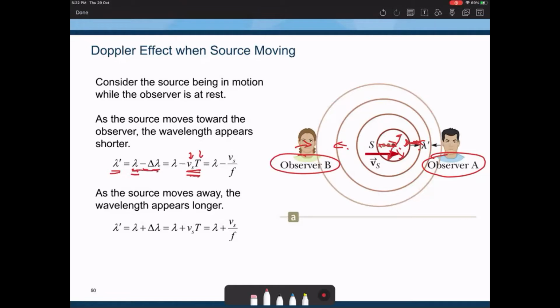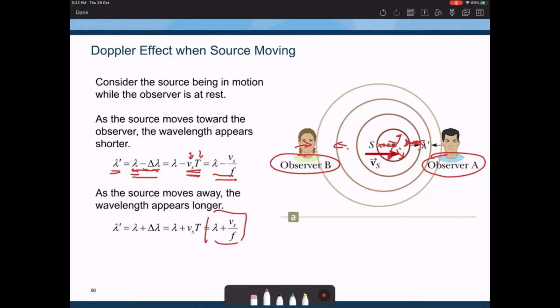For observer A, the apparent wavelength is lambda minus delta lambda, and it becomes lambda minus Vs times T. Of course, you could write it as lambda minus Vs over f. Similarly, for observer B, it becomes lambda plus Vs over f.